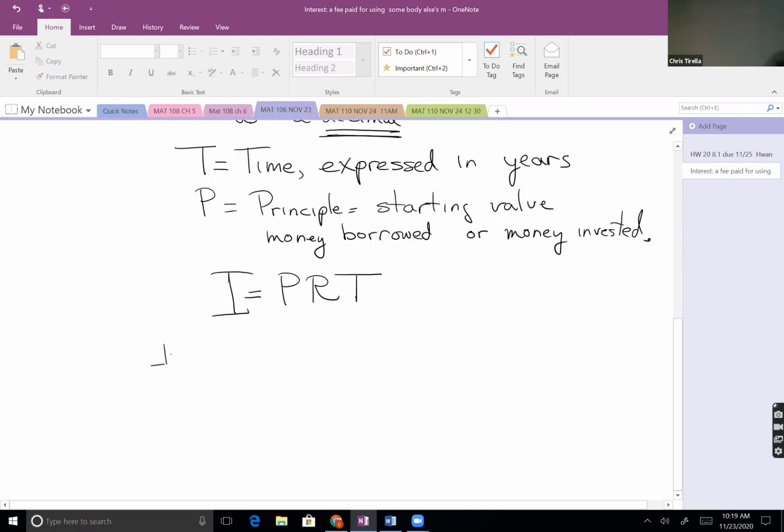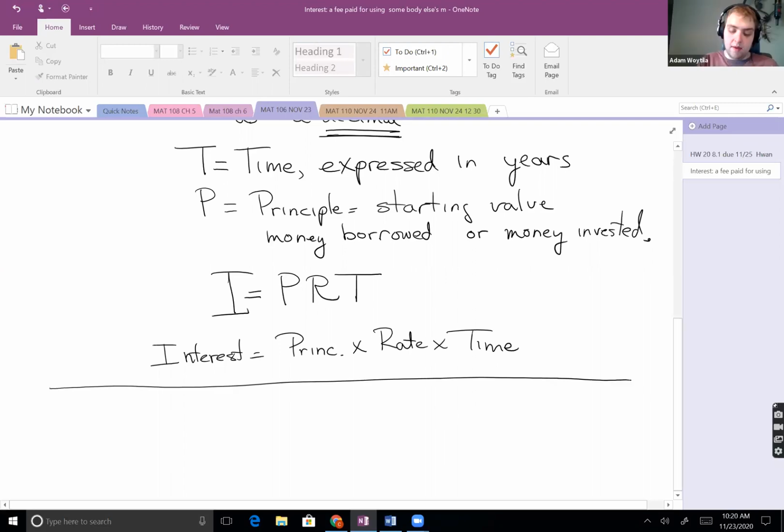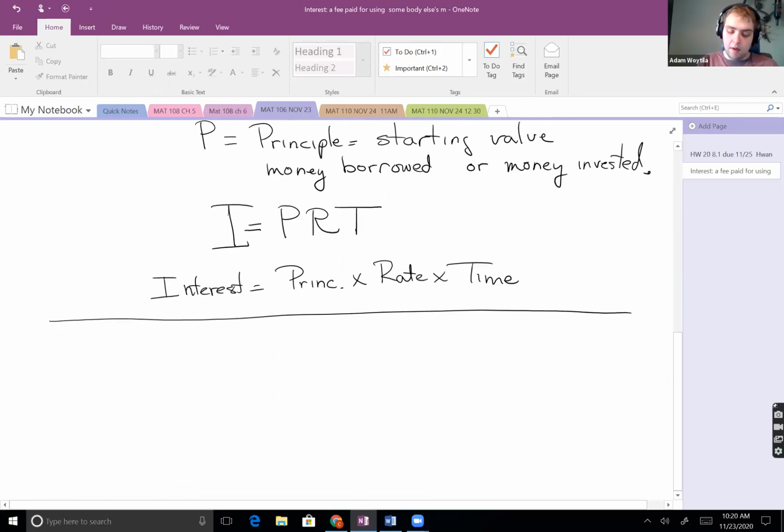And so I look at that as saying that the dollar amount of the interest is equal to the dollar amount of the principal times the rate expressed as a decimal times the time in years. Okay. And we're going to add to that formula a little bit in a few minutes. But right now, let's look at some examples that just make use of that formula.